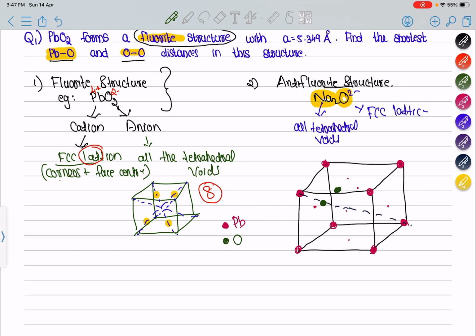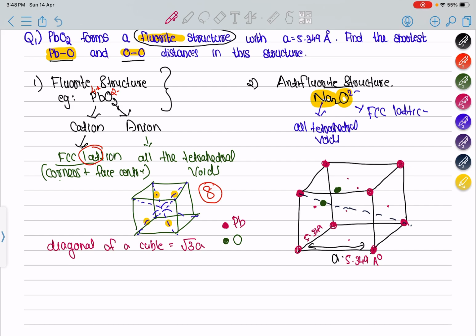Now we need to find the Pb-O and O-O distances in the structure. The edge a is given in the question as 5.349 angstrom. This is a cube. The equation for the diagonal of a cube: if one side is a, then the body diagonal is √3a. If you are not aware of this, you can easily find it from the Pythagoras theorem.